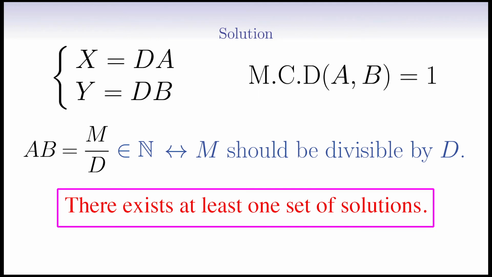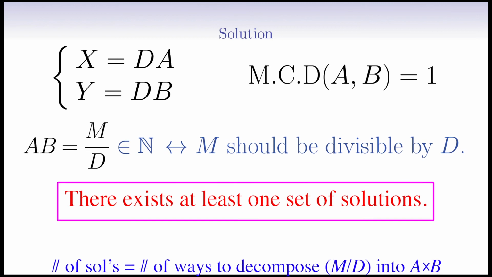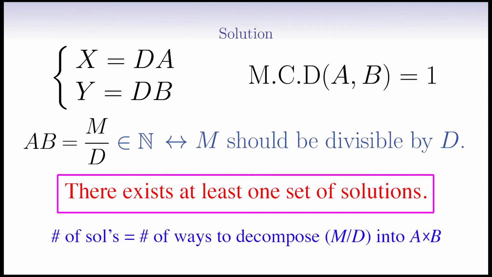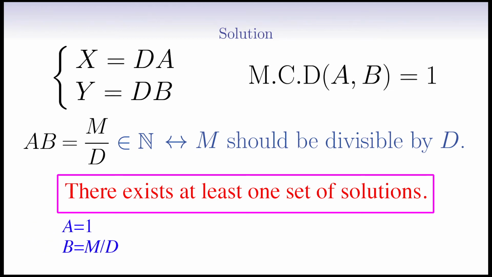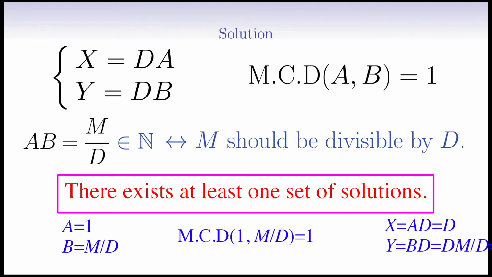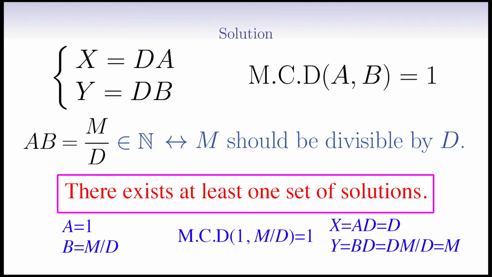It's of great importance to mention that the number of solutions for x and y is equal to the number of different ways that we can decompose the number m divided by d into a product of two relatively prime natural numbers a and b. Another very useful note is that if m is divisible by d, then there exists at least one set of solutions for a and b. They are 1, and m divided by d. Obviously, 1 and any other number are relatively prime. That means one of the numbers x or y is d, and the other one is m.